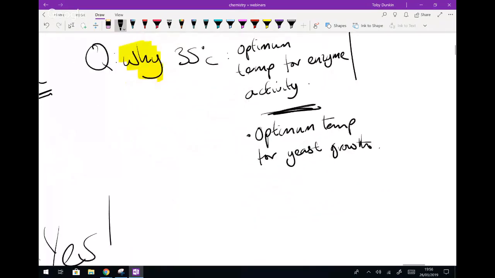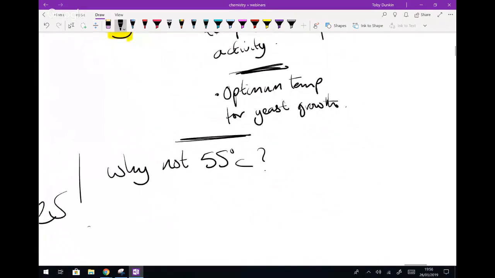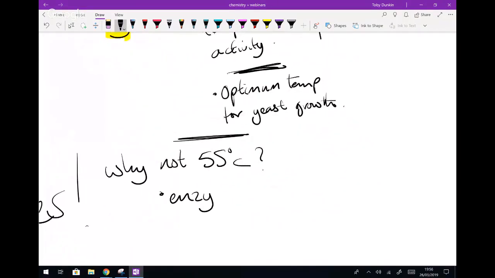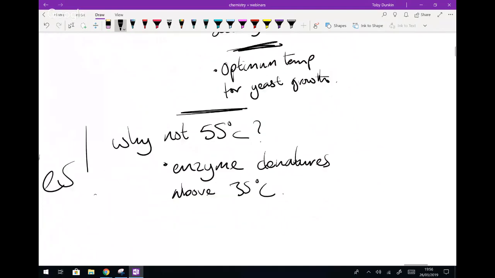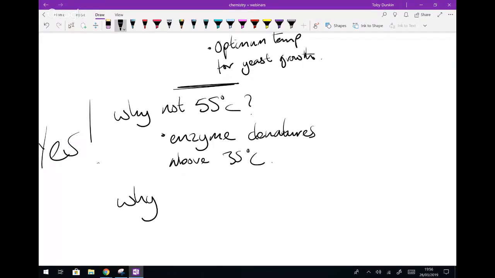Okay, so why not 55 degrees Celsius? Their answer is the enzyme would denature. Enzyme denatures above 35. Nice to see that. Yeah, denature. Lucas, you're doing great. Why not lower?